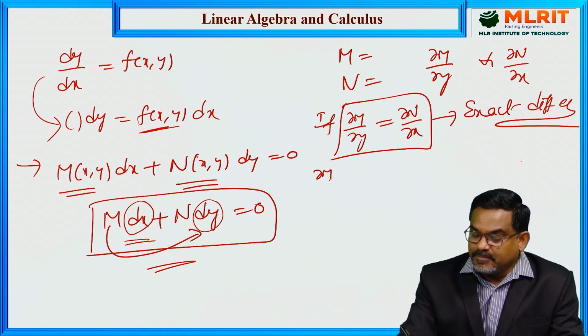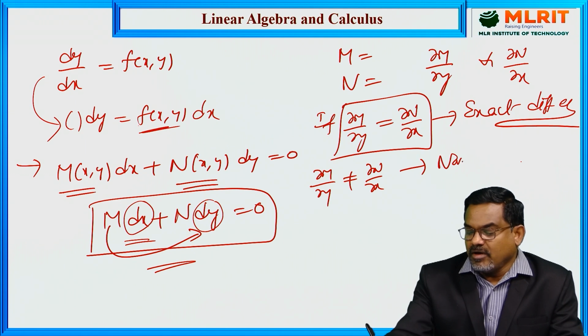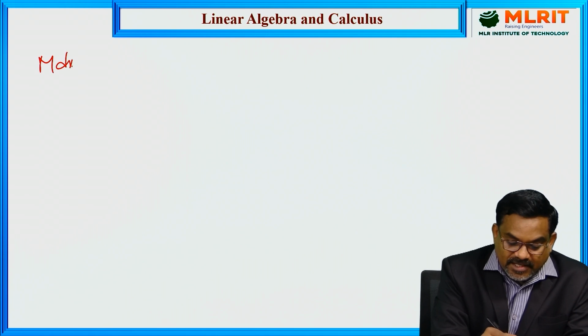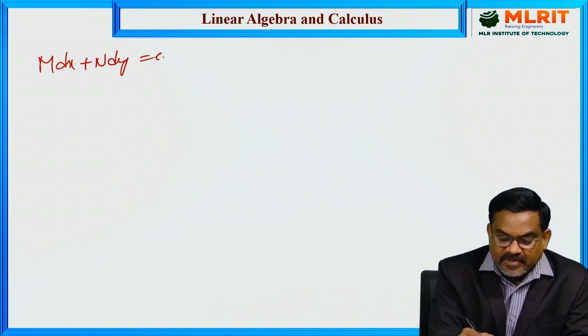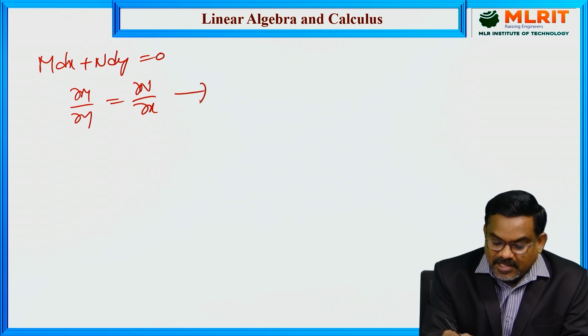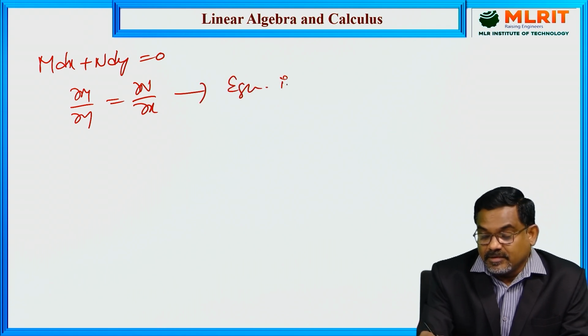Otherwise, that means if dou M by dou y is not equal to dou N by dou x, it is non-exact differential equation. So, first the equation should be in this form and then dou M by dou y equal to dou N by dou x. Then the equation is exact differential equation.